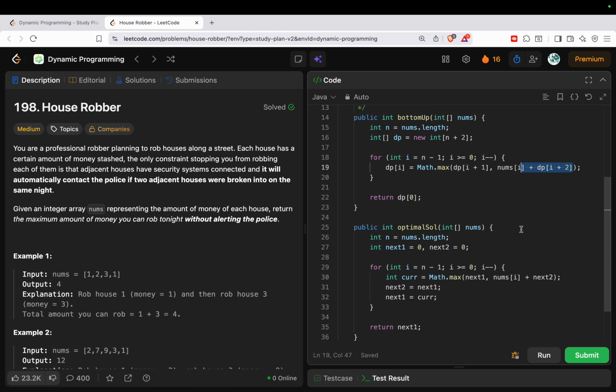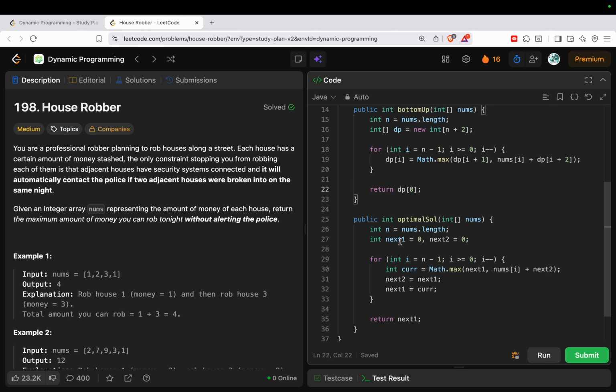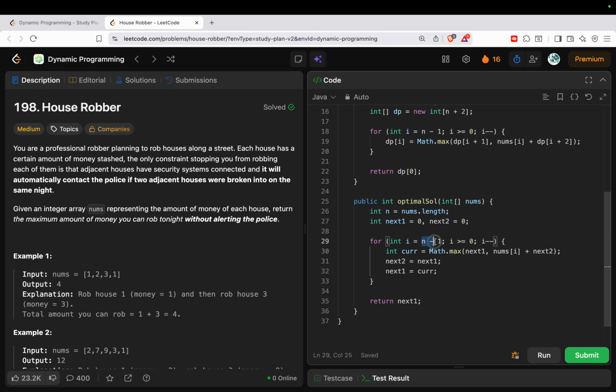So I will be having two variables called next one and next two, which will be storing the values of these two values which were computed previously. Initially these two will be 0, and then I will be going from n minus 1 all the way to 0.